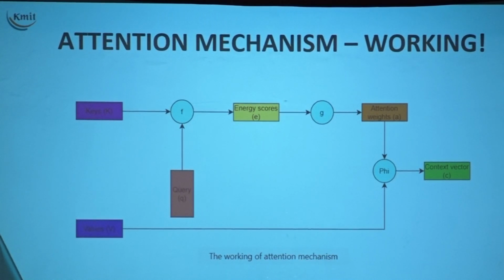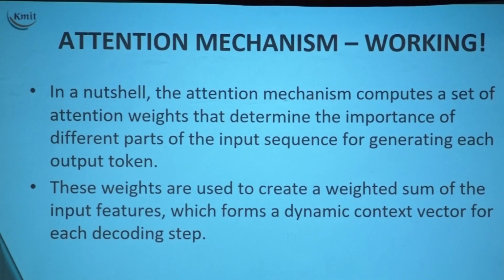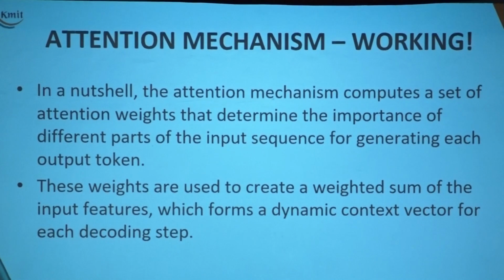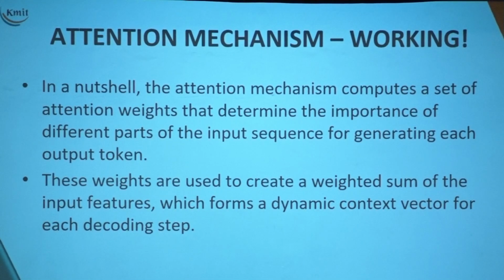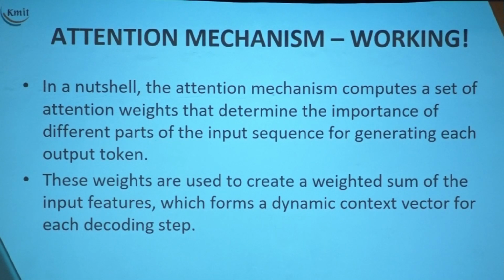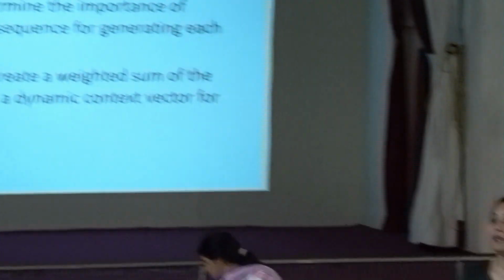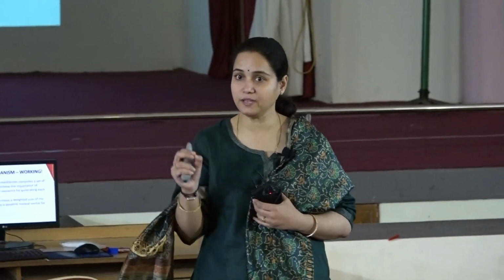Clear enough? Right? Now, in a nutshell, the attention mechanism computes a set of attention weights that determine the importance of different parts of the input sequence for generating the output token. Here nowhere we are working with t minus 1, t plus 1. So there is no sequentiality. Everything is based upon the attention weights that are calculated using query and key.